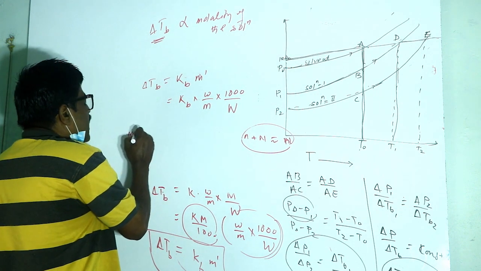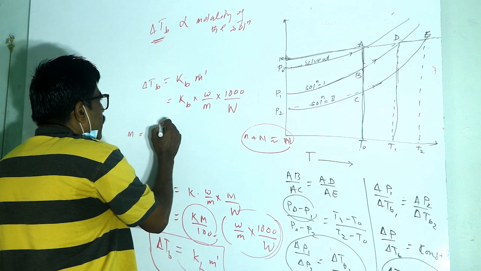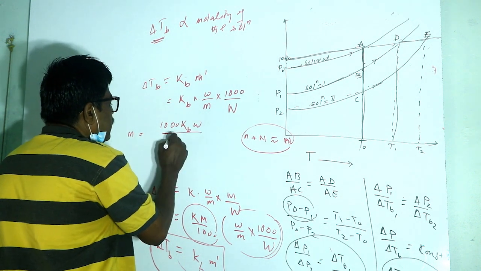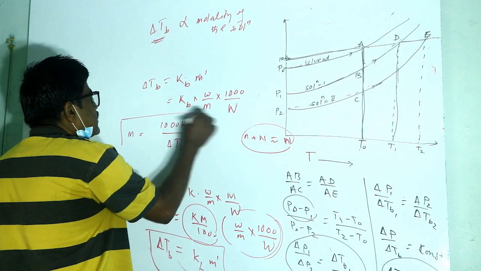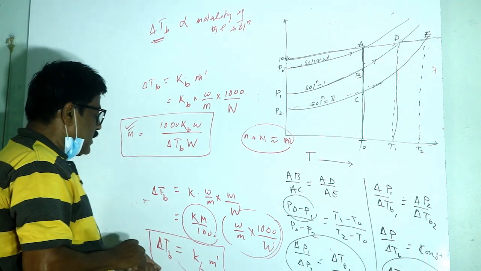So the molecular mass of the solute is equal to 1000 Kb w by del Tb capital W. This is the relation from which the molecular mass of the non-volatile solute can be calculated.